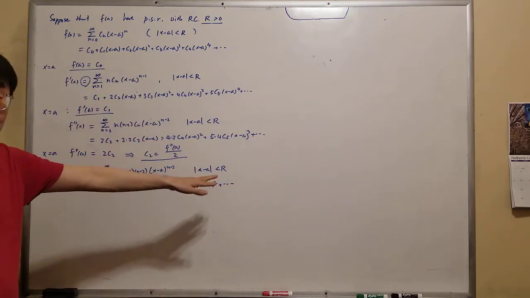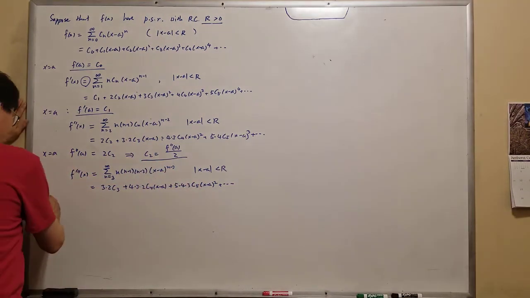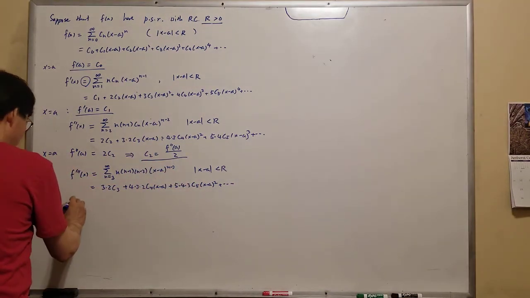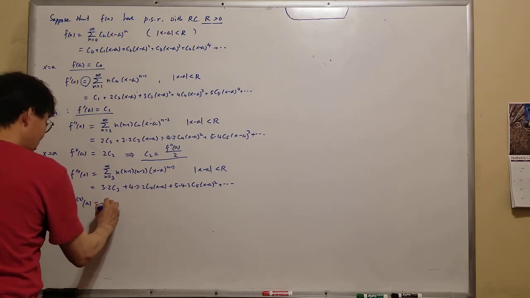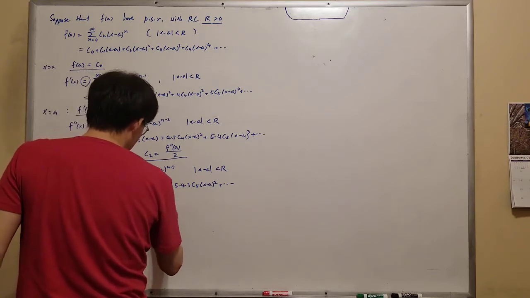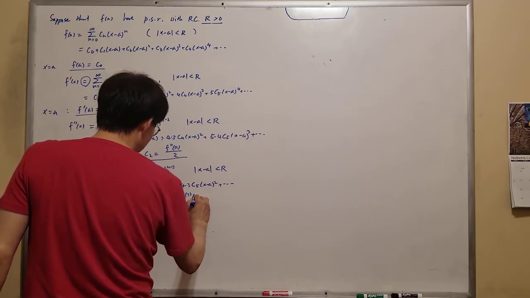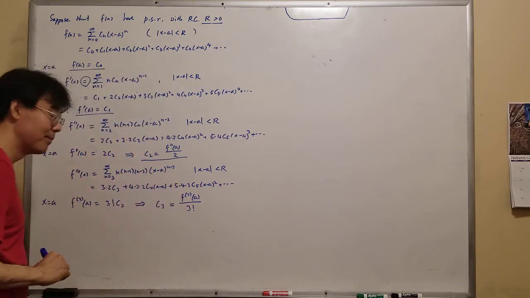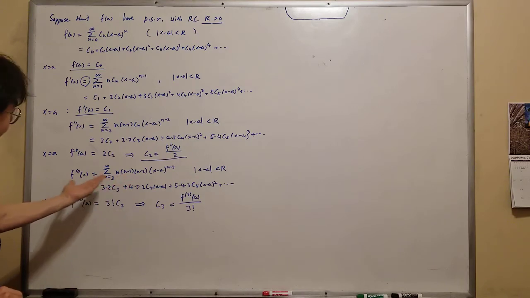Because it is true for all x between a minus r and a plus r, by substituting a for x, you get the third order derivative at a equals 3 factorial c3. So c3 equals the third order derivative at a over 3 factorial. Now you see where I'm going.